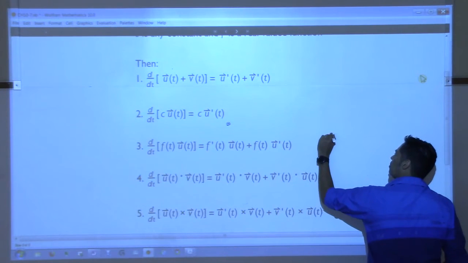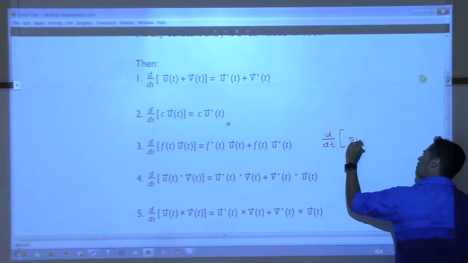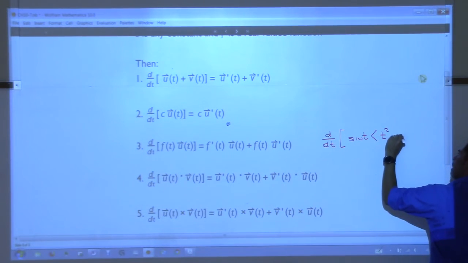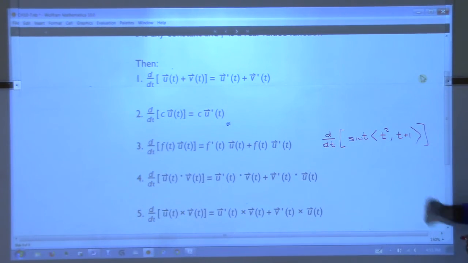Let me give you an example of this one. If I want to take the derivative with respect to time of, let's say, sine of t times the vector function t squared, t plus 1. So here's a scalar function in front of a vector function.